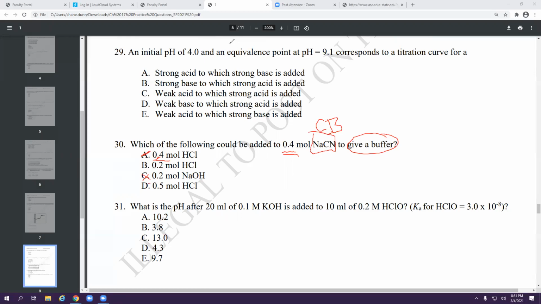So it can't be A and it can't be D, it has to be B. Because there's less acid here than my conjugate base, right? So I'll be given a conjugate acid, theoretically speaking, and a conjugate base. So I'll be given a buffer by doing that. Does that make sense? That's how 30 works.